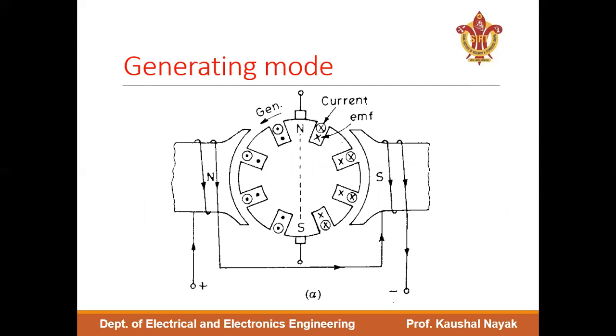The mode of operation of a DC machine as a generator and how it produces the EMF has already been discussed, as this is governed by the principle of electromagnetic induction using Fleming's right hand rule.